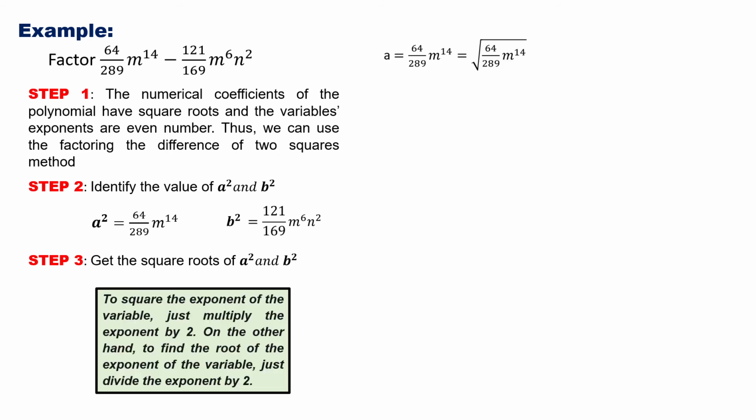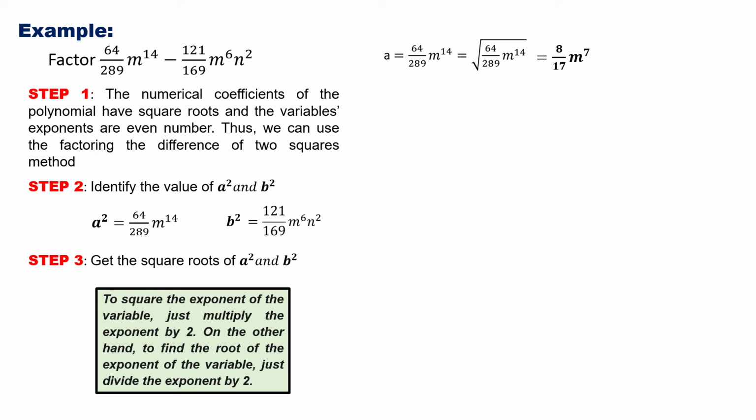We'll have a equal to the square root of 64 over 289m raised to the power of 14, which is equal to 8 over 17. And then for the variable, just divide the exponent by 2. So 14 divided by 2 gives 7. Therefore, the square root of our a squared is 8 over 17m raised to the power of 7.